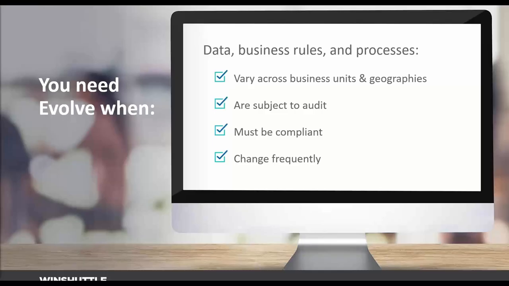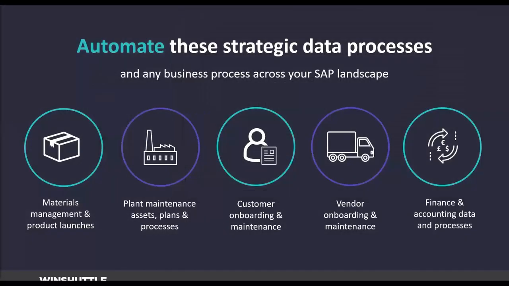With the Evolve platform, you can automate different strategic data processes that can span across any business process across your SAP landscape. These can include material management, product launches, plant maintenance, customer onboarding, vendor onboarding, and finance and accounting data processes as well.